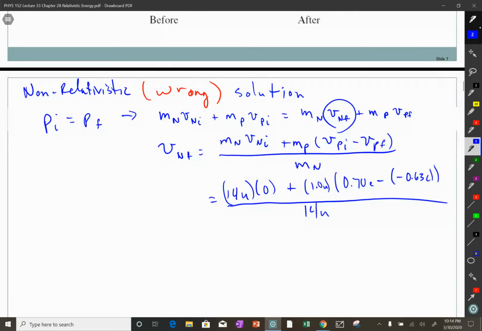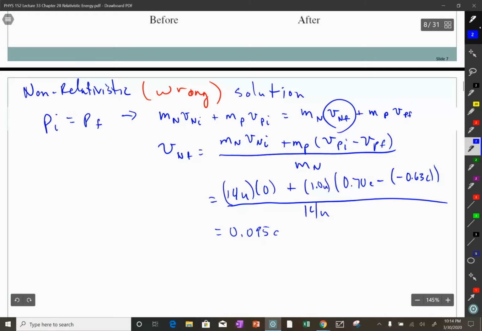And if you put that in your calculator, which of course I didn't do beforehand because I didn't think about doing it the classical way, that would be equal to 0.7 minus a negative, so plus 0.63 divided by 14, and that would have given me 0.095 c.